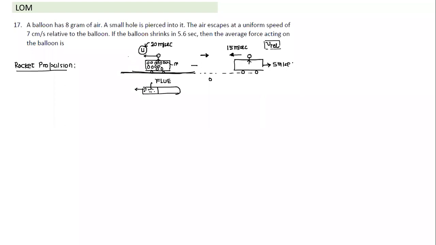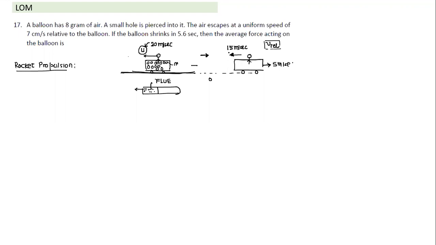So the velocity of the gas with respect to the rocket is constant, the way the velocity of the ball with respect to the trolley is constant. So relative velocity is constant. Since they are in opposite directions, the trolley is moving in the forward direction, the ball is moving in the backward direction, and the sum of these two has to remain 20. Here also the relative velocity has to remain constant.